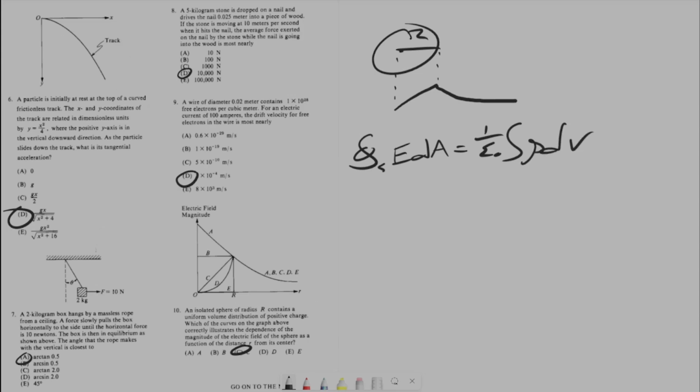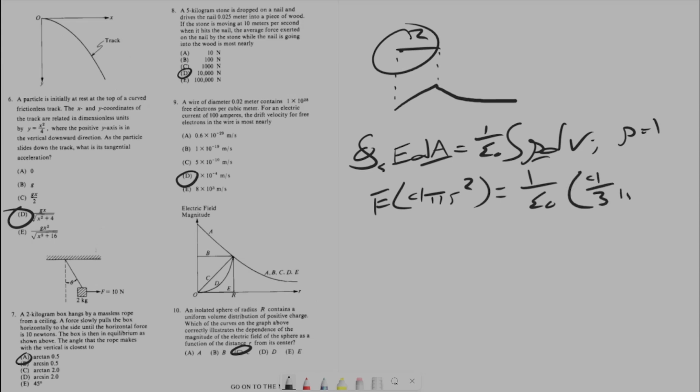So setting this up, you have E, then the surface area of the sphere. And since it's a uniform charge, it's going to be just a density of 1. That's just going to give you the volume of the sphere. Just doing some cancellation. The 4 and the pi cancel out.